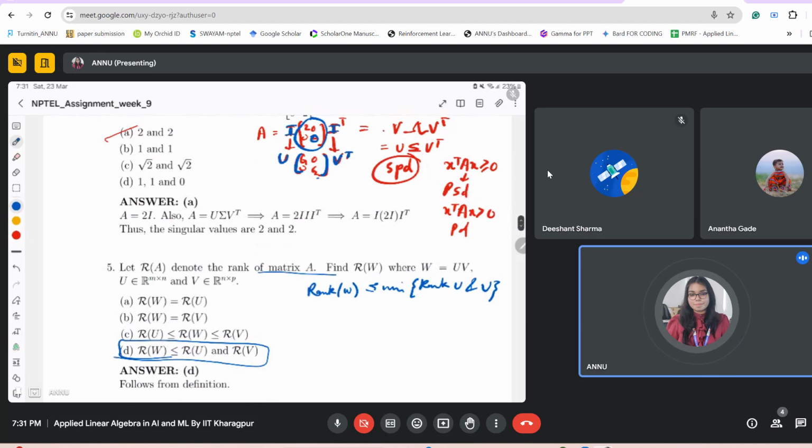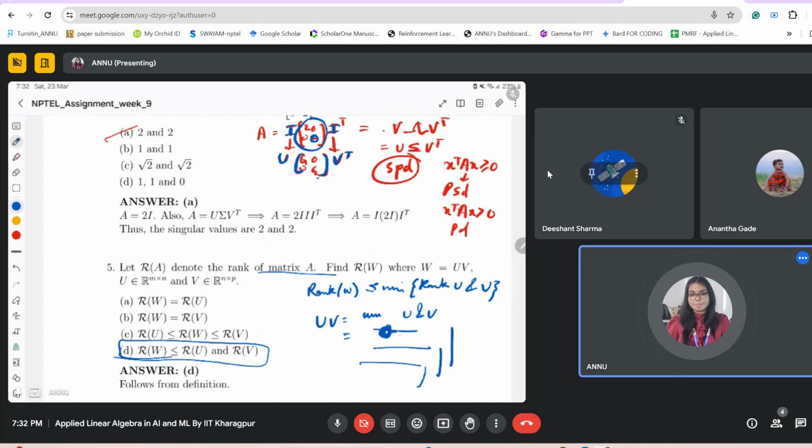This is a well derived formula that follows from the definition. Why is it like this? Because this UV is actually the multiplication of U and V, and if you do this, it is one row and one column, then one row and one column, then one row and one column. So it's actually the inner product of this row and this column, and this row and this column.